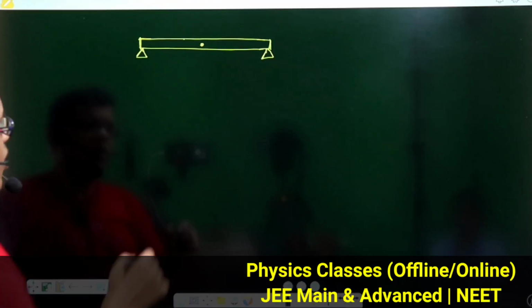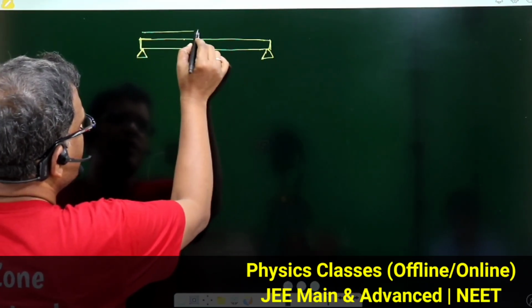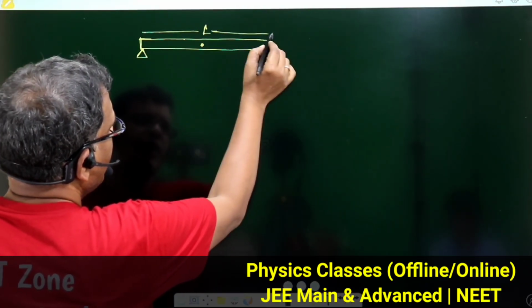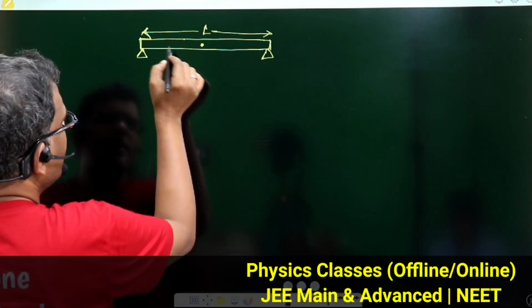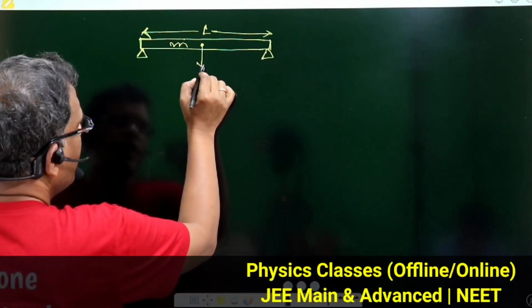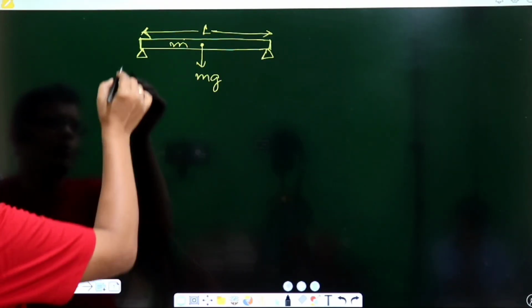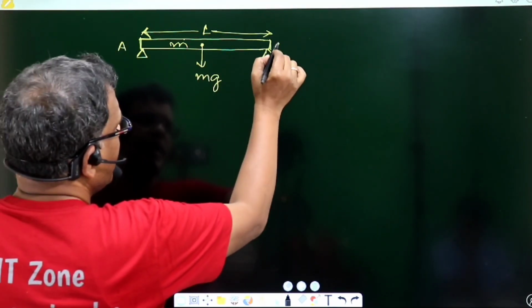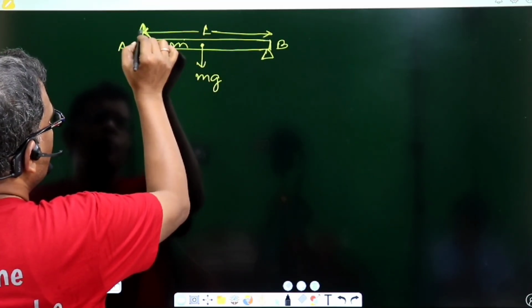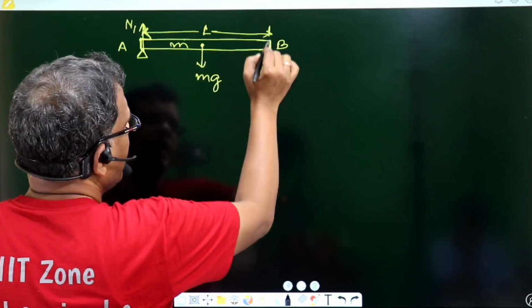The rod is of uniform mass distribution, its length is L. It has mass M such that the weight of the rod will act as mg downward. Let two persons give support at the ends A and B, with supporting forces N1 and N2.